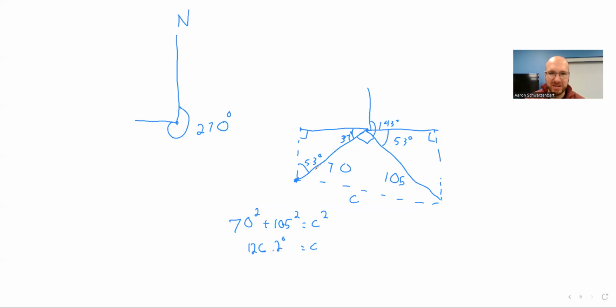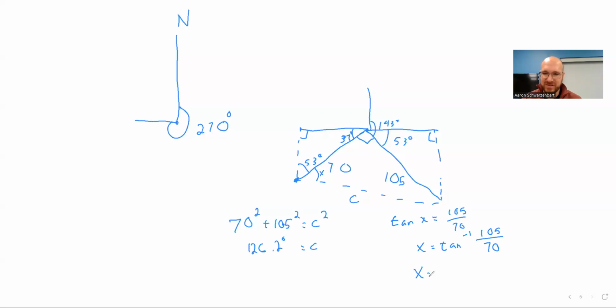Now, I do need to find this angle because it wants the bearing from where we started. So I know that that angle, let's call it x, that the tangent of x is equal to opposite over adjacent. So x is the inverse tangent. And I use the inverse to get the angle always. And the inverse tangent of 105 divided by 70 is 56.3.